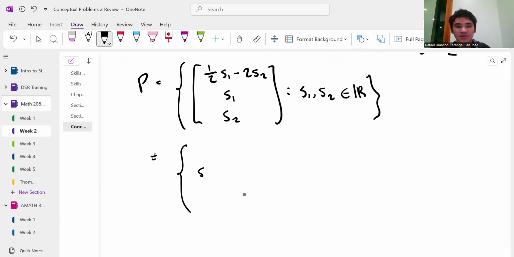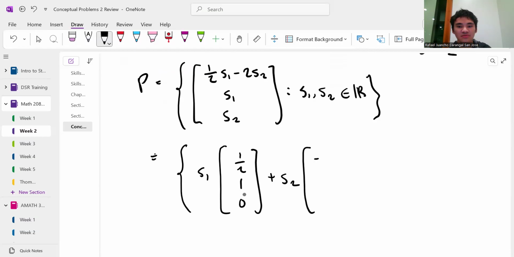So we say s sub 1 multiplied by (1/2, 1, 0), plus s sub 2 times (-2, 0, 1), such that these two could be anything.